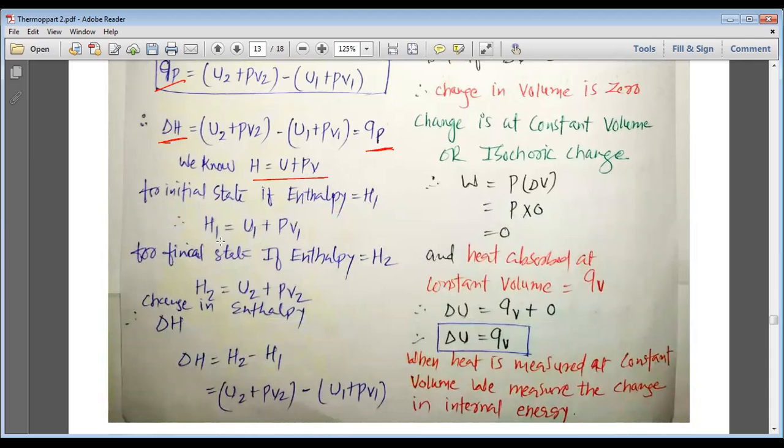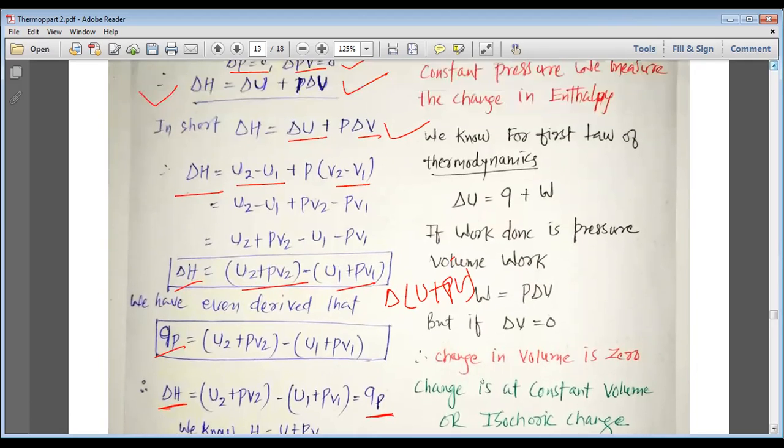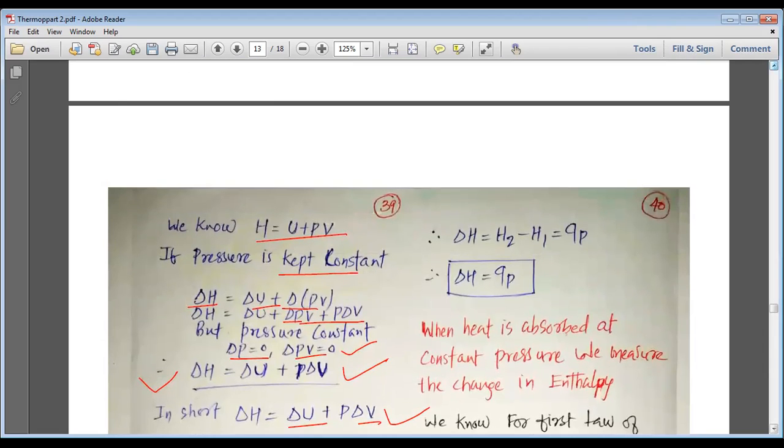So H is equal to U plus PV, H1 is equal to U1 plus PV1, H2 is equal to U2 plus PV2, and that is why finally for delta H we can write H2 minus H1, that is QP, and finally we can say that delta H is equal to QP.